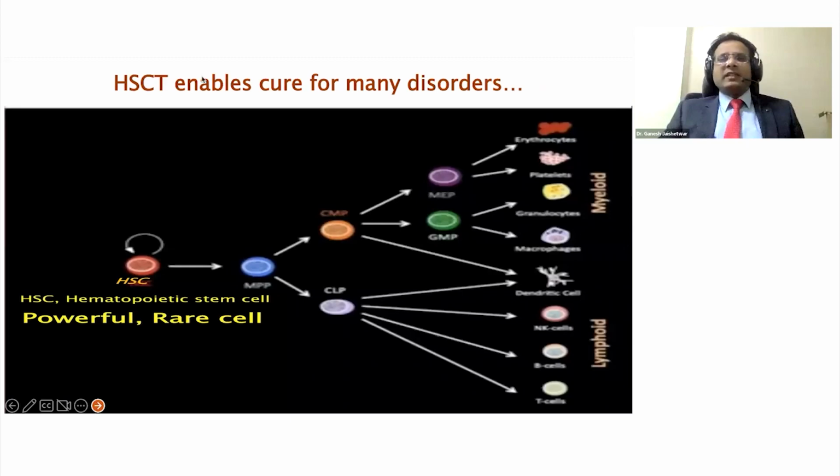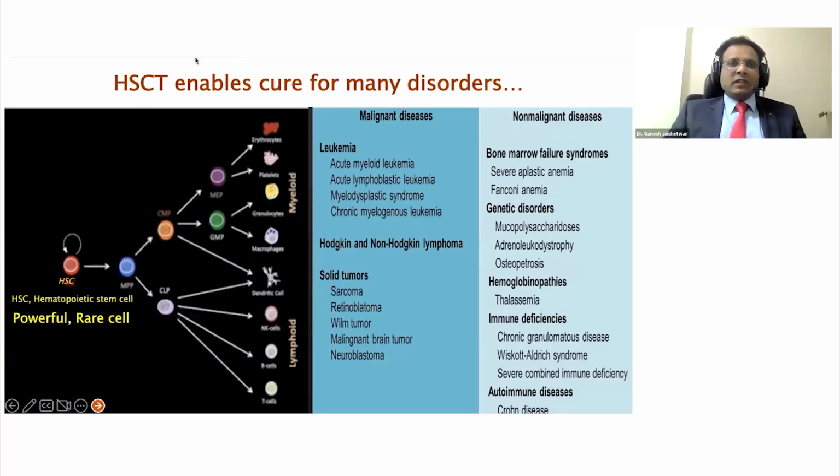It is fascinating to understand how these hematopoietic stem cells, which are rare cells in the bone marrow, are so powerful that they can generate the entire gamut of the hematopoietic system in the patient or the recipient, and this regenerative potential can be used for the cure of a vast majority of hematological conditions, not only blood cancers and pediatric solid tumors, but a number of non-malignant conditions.